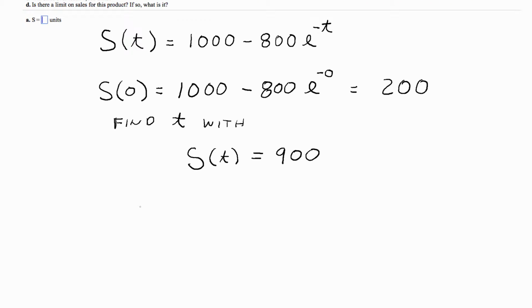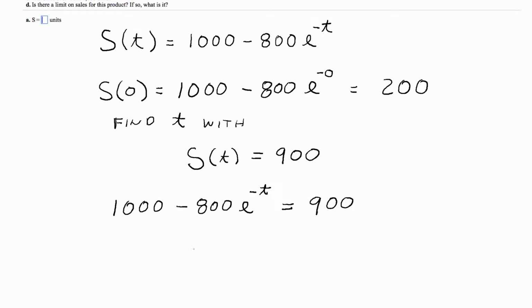If I write down the equation now with S of t, we have 1,000 minus 800 times e to the negative t. We want to know what that is equal to: 900. Let's try to solve this and see what t is.